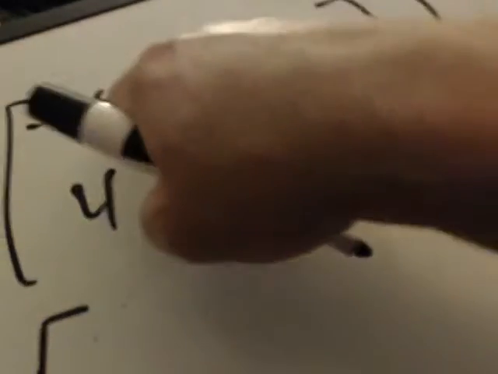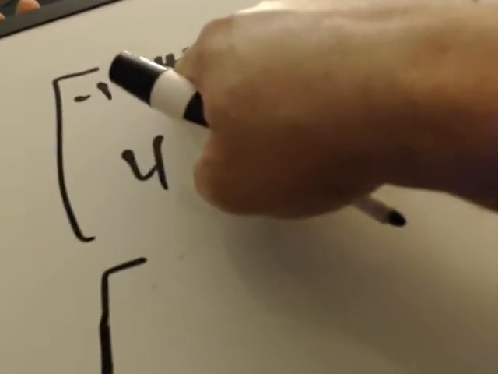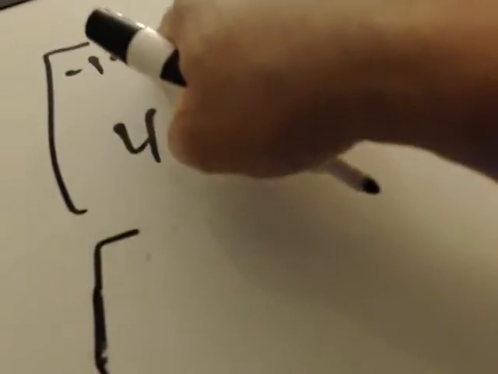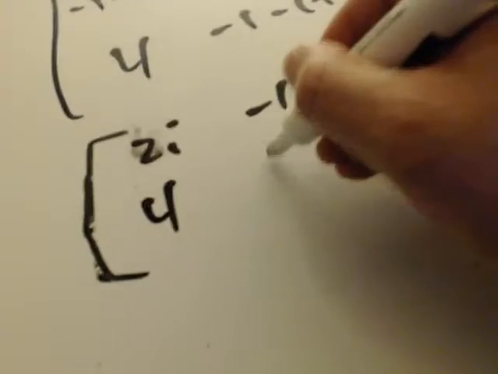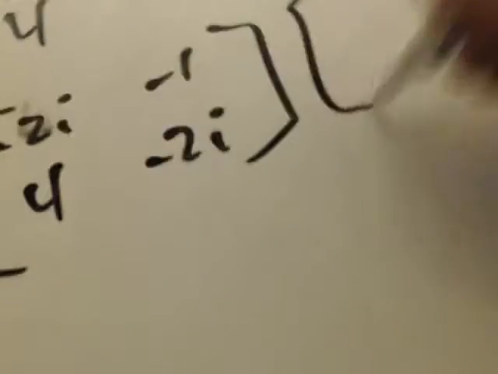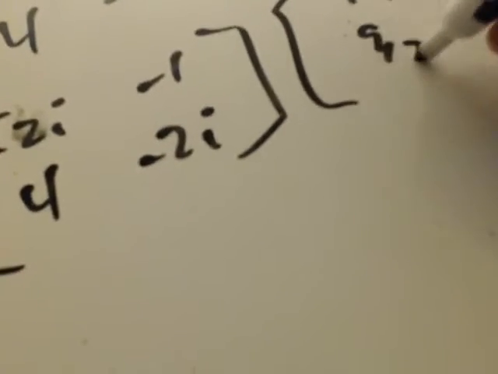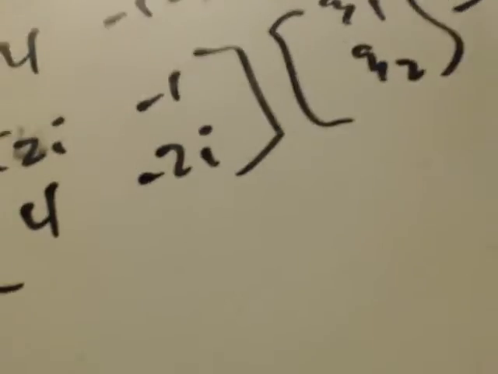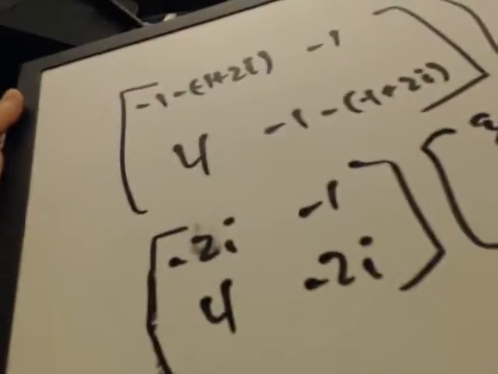So this is why I wanted to double check. It's very easy to lose stuff. So, -1 minus a -1 is 0. So I get a 2i, -1 for 2i. And there should be a negative sign from the 2i. And we still have xi1, xi2 equals 0, 0.